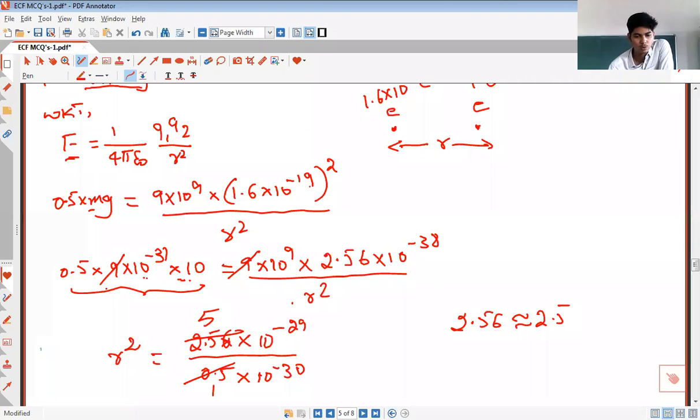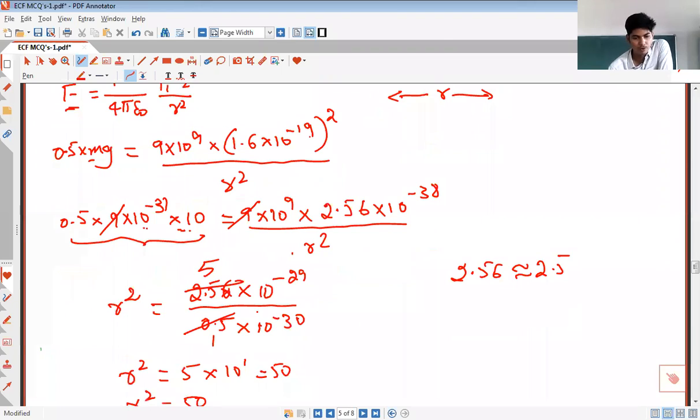So you will be left with r square equal to 2.56 into 10 power minus 38 plus 9. Minus 38 plus 9 will be minus 29. So 2.56 into 10 power minus 29 divided by 0.5 into 10 power minus 30.